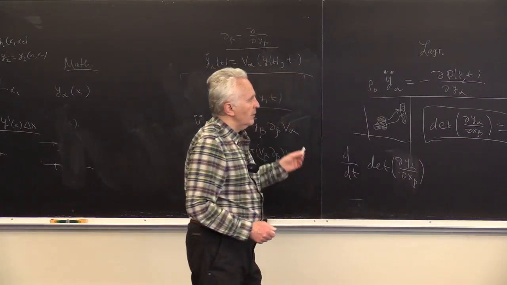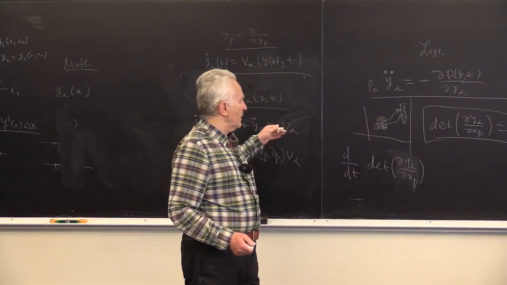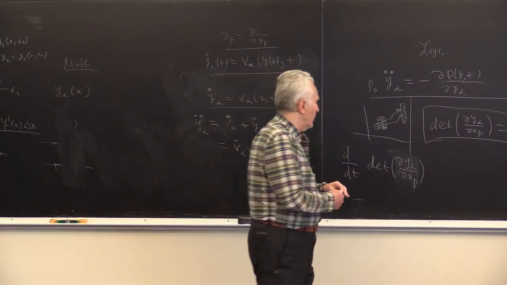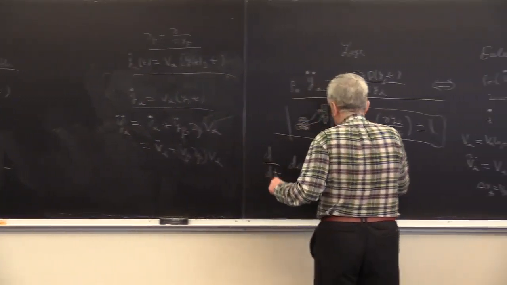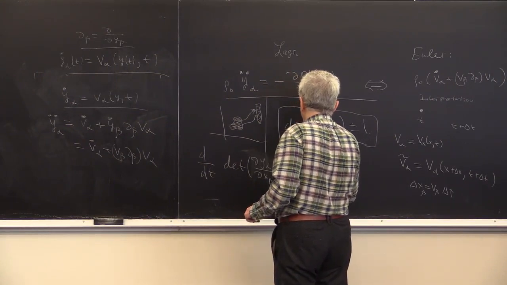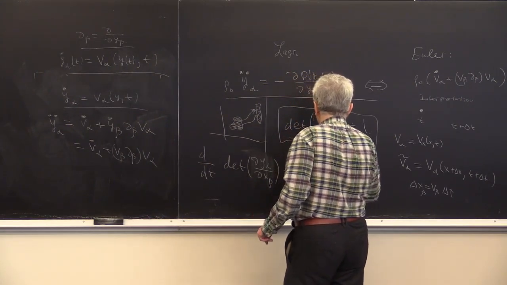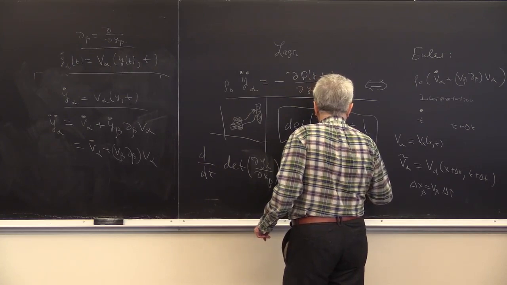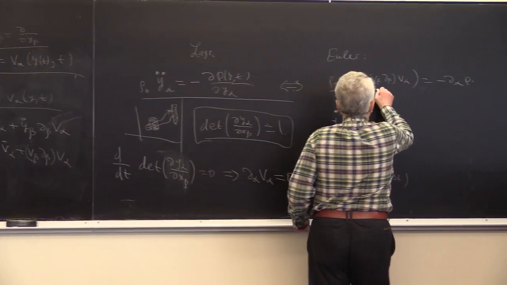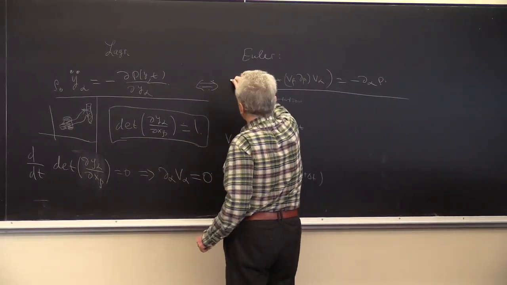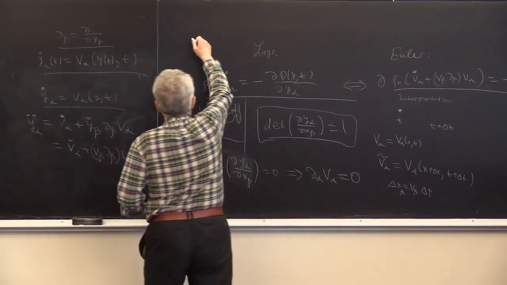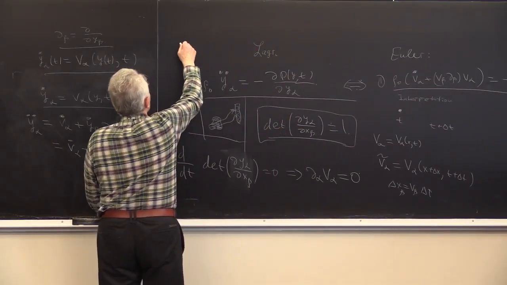I suggest that you do it yourself at home, looking at our lectures on Hamiltonian systems, to which we have to comment also, that this equation is equivalent to the equation that the divergence of the velocity is 0. So the second equation here, if you have problems with the derivation, is based on the formula for the determinant.